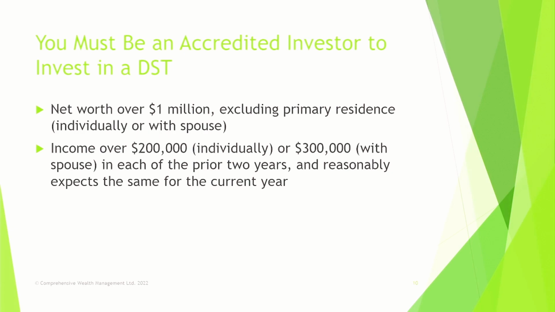So, in order to qualify for this, as I mentioned earlier, you need to be an accredited investor. What this means is you have to have a financial net worth, not counting your personal residence, of $1 million or more. Or the other alternative is, as an individual, you have to have at least $200,000 of income every year for the last several years.